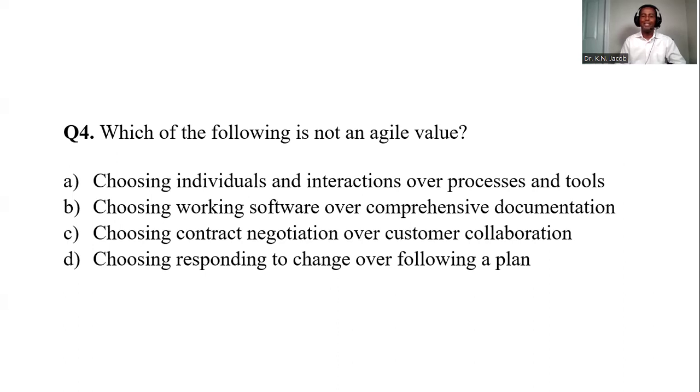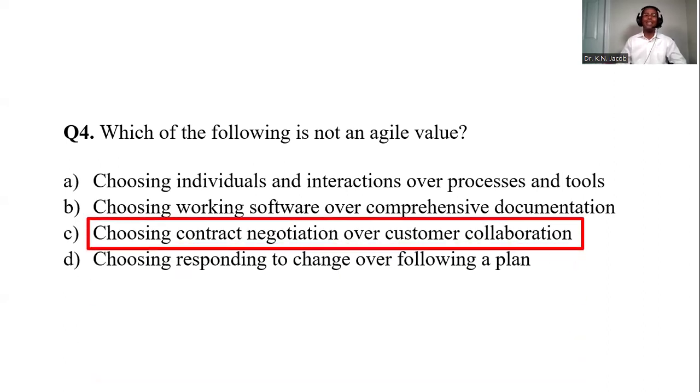I give you some 10 seconds. What's your answer? All right, the correct answer is C. The question is "not." So we don't choose contract negotiation over customer collaboration. We actually do the opposite. We choose customer collaboration over contract negotiation. All the others are Agile values.